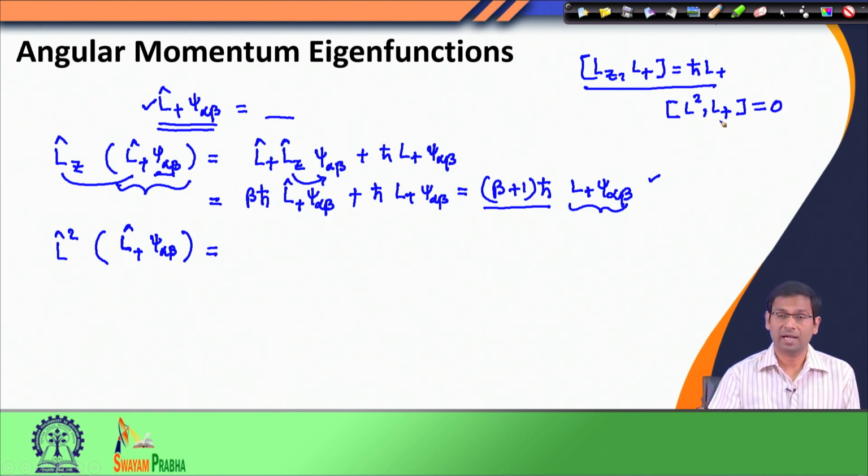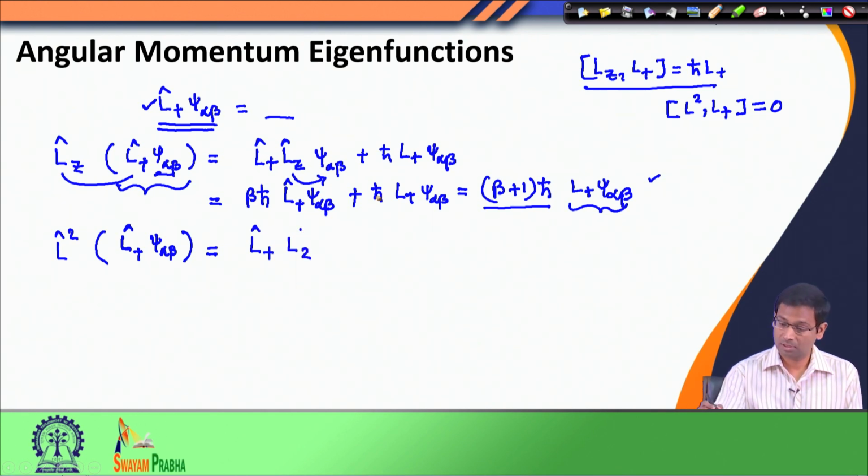I know L square and Lx commute, and L square and Ly commute. Since L plus is Lx plus i Ly, L square would also commute with L plus. Since L square commutes with L plus, I can simply write this as L plus L square.